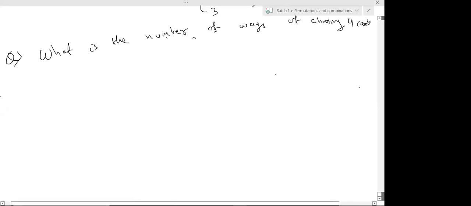Write down. What is the number of ways of choosing 4 cards from a pack of 52 playing cards?